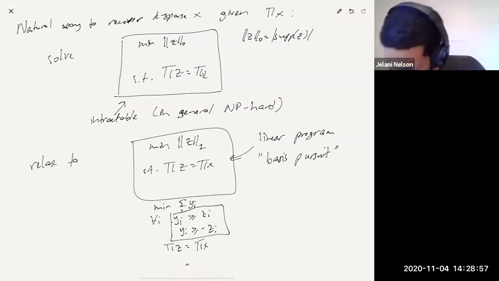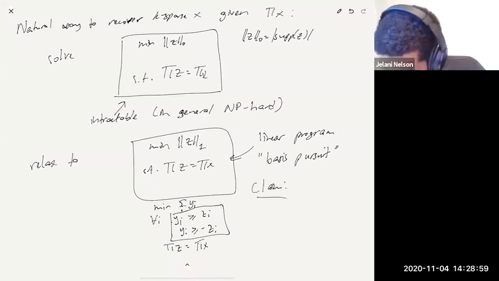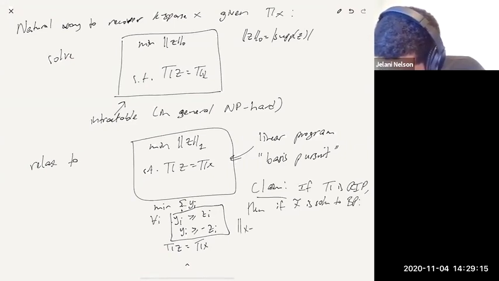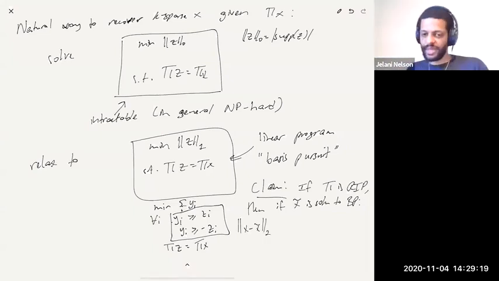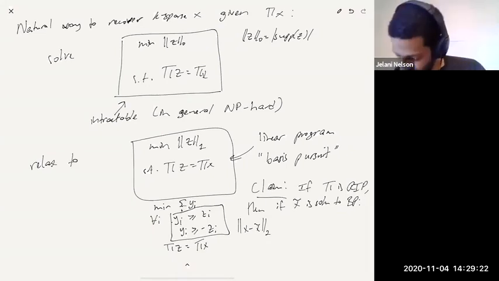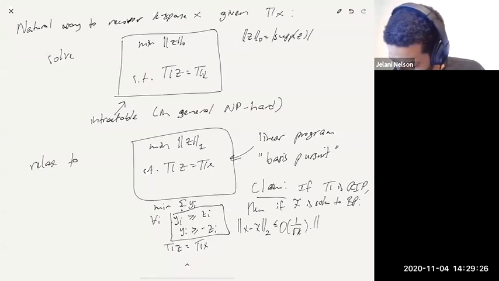So the claim that we're going to see the proof of is that if pi is RIP, then if x tilde is the solution to basis pursuit, we're going to have the error guarantee: x minus x tilde, L2 norm, is at most O of 1 over root k times x tail k, L1 norm.